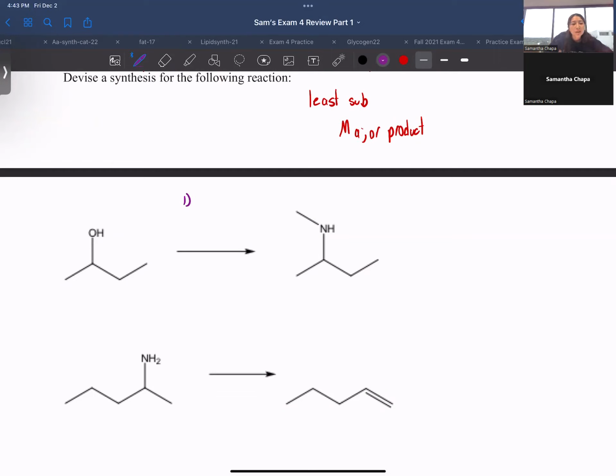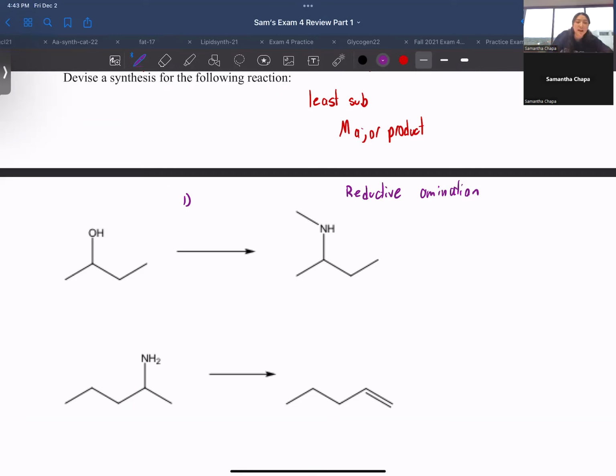And so immediately what I'm thinking is I'm gonna have to do reductive amination. That's what I'm hoping for this one. Reductive amination, because with your reductive amination, you can add whatever R groups and a nitrogen onto your compound.